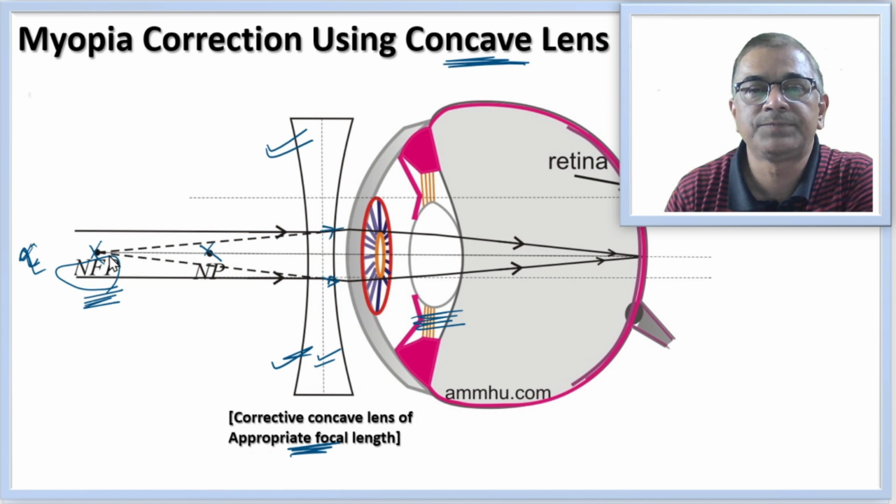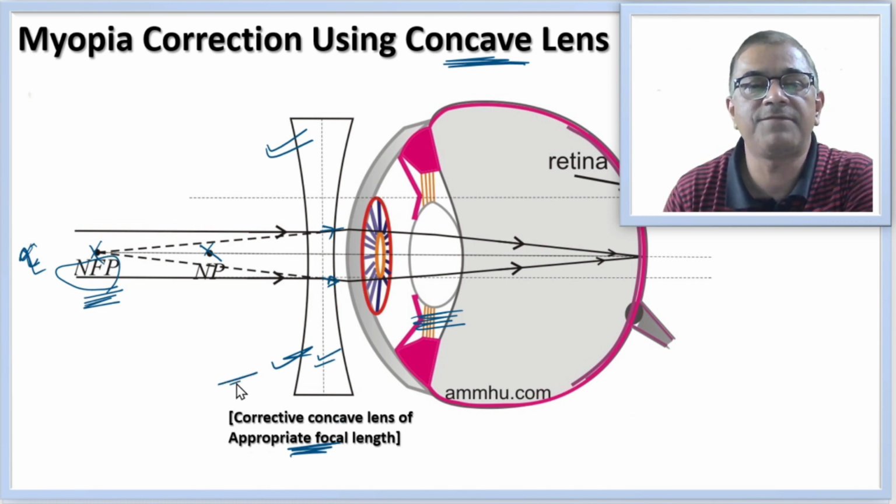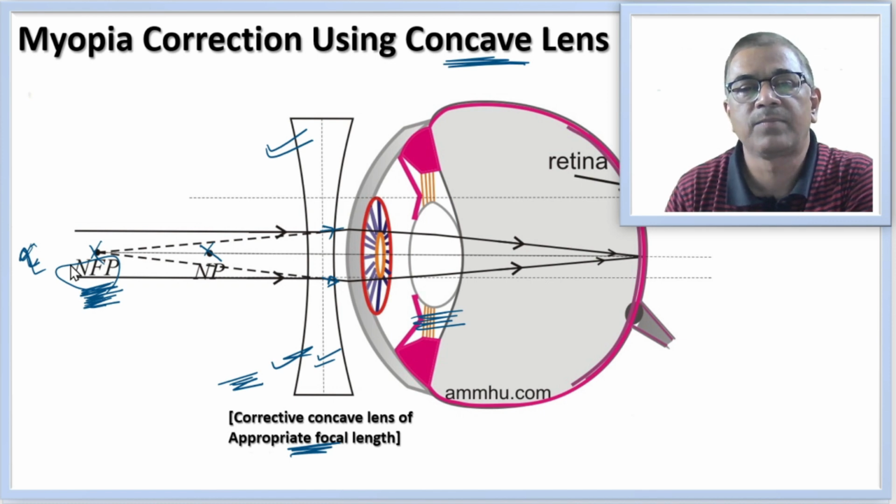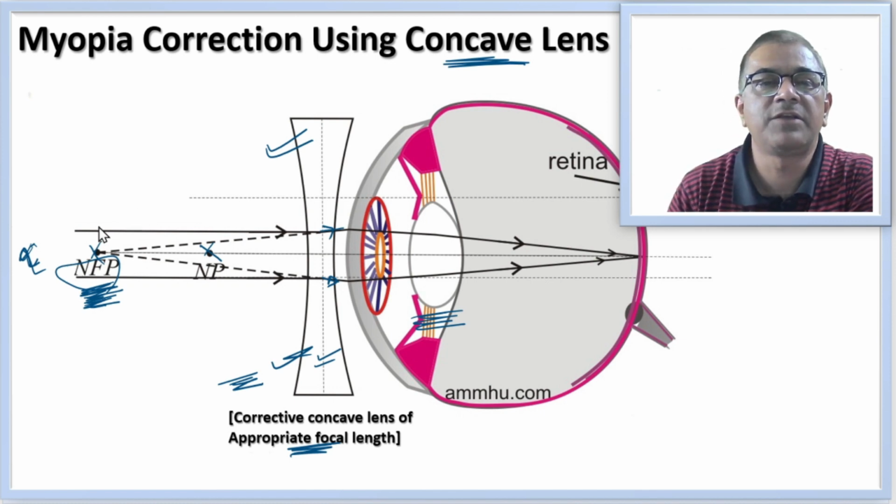So the role of the concave lens is to make the image of far-off objects at the point where I can see with clarity. And this is how the corrective lens works.